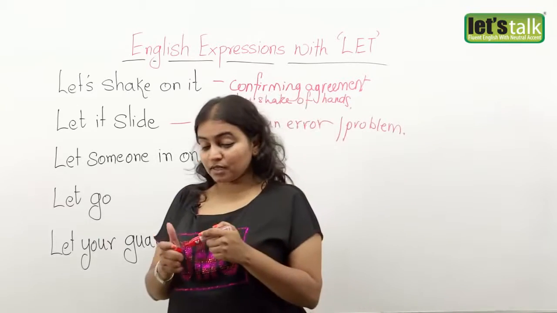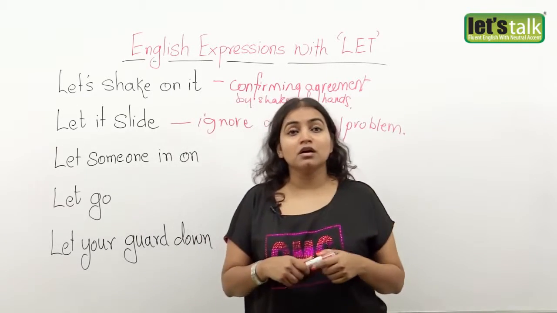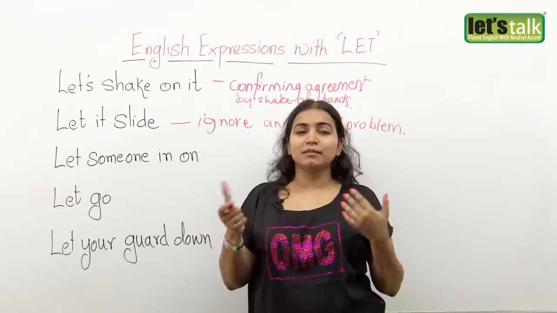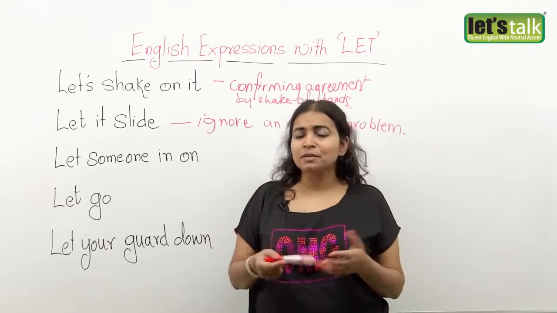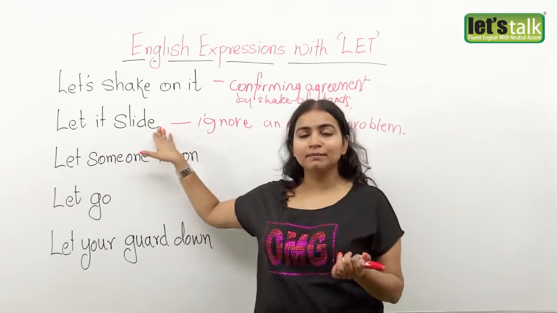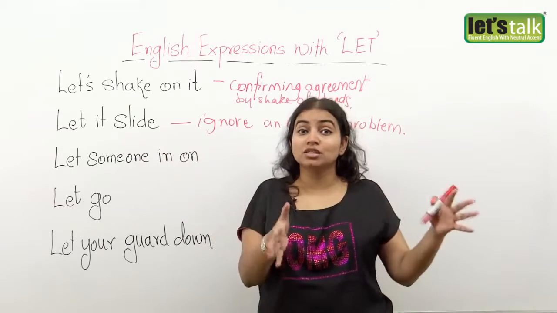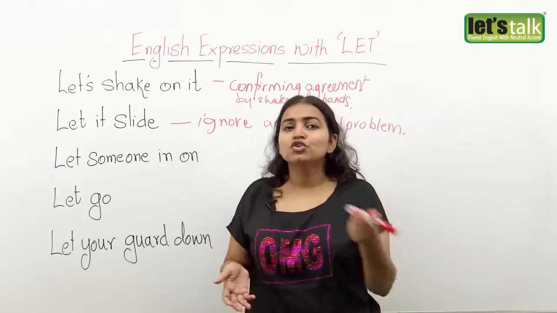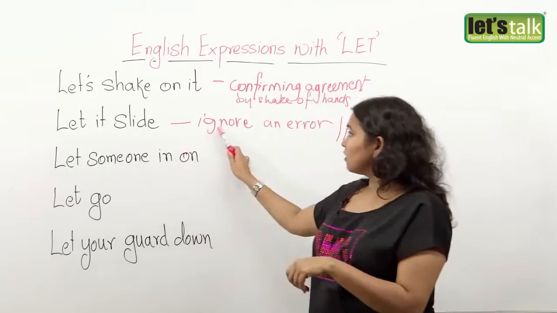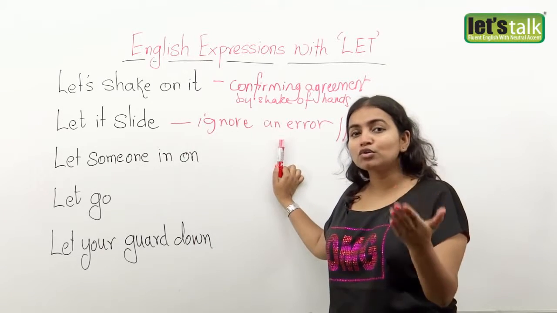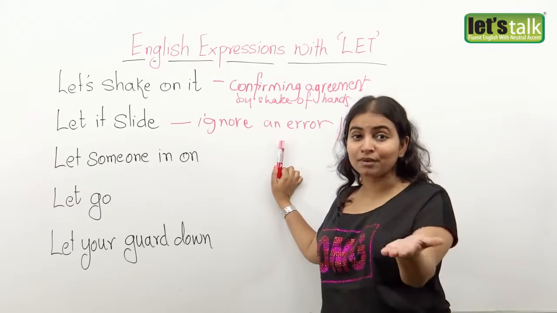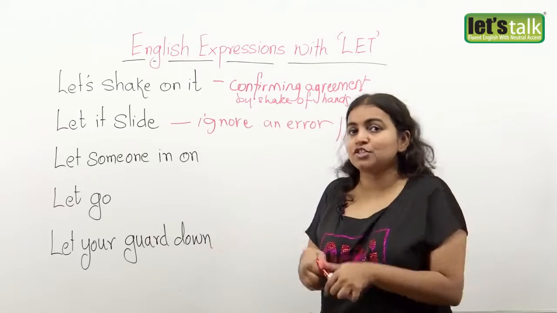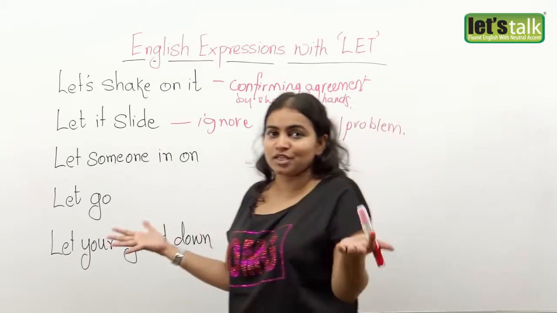So you can say something like, one of the employees was coming late every day, but we let it slide because we had more important matters to attend to. So you chose to ignore that person's error. You chose to ignore a potential problem for whatever reasons, because you probably had some other things to attend to.